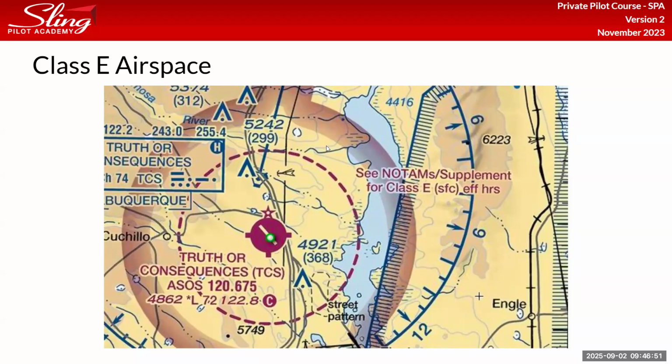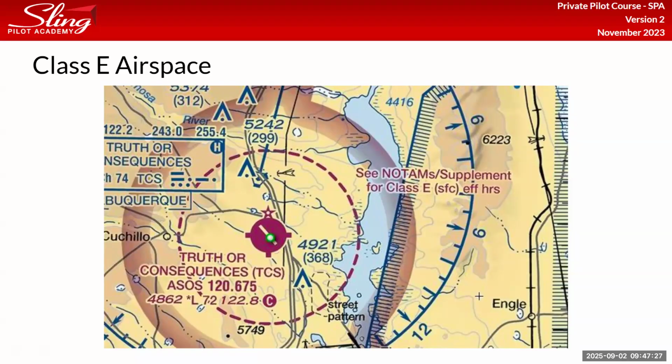So outside of the vignette, you start Echo at 1,200 feet AGL. Inside the vignette, you start Echo at 700 feet AGL. Remember, you wrote down you could start at 700, you could start at 1,200. Inside this vignette, the shaded side, Echo starts at 700. And outside of it, Echo starts at 1,200.